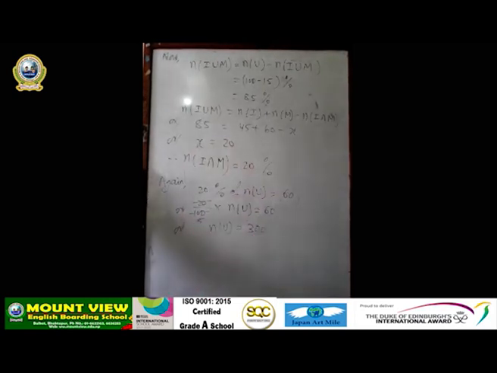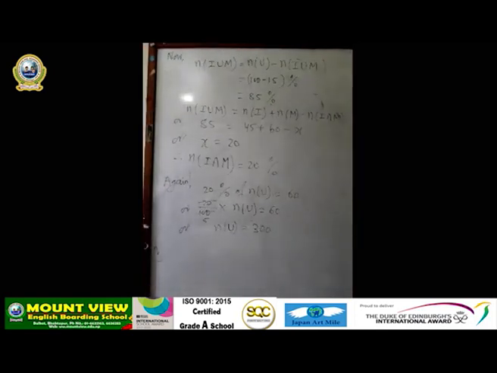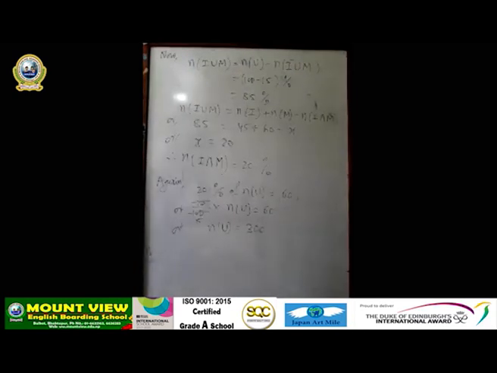And the question says 60 people are using both Wi-Fi. That means 20 over 100 into n(U) as it is. And remember, n(U) is 100% in percent, but in number we have to find out how much. So n(U) is 300. So there are 300 people in the survey.